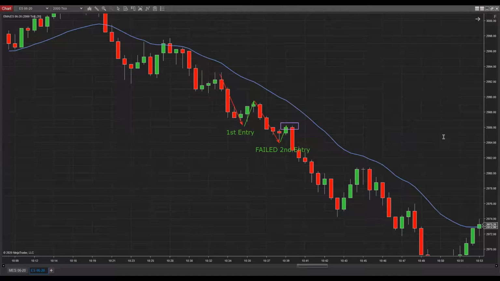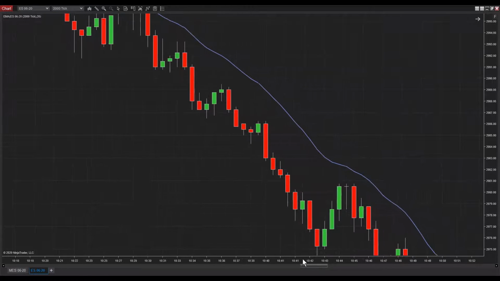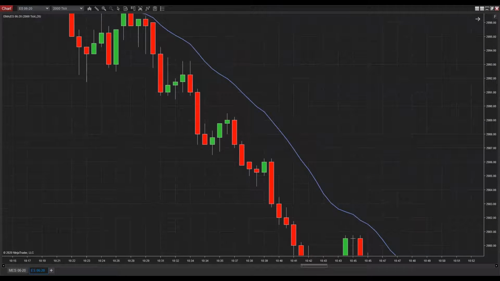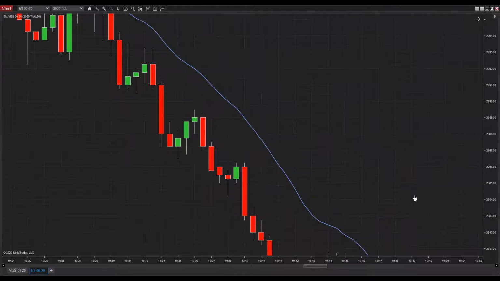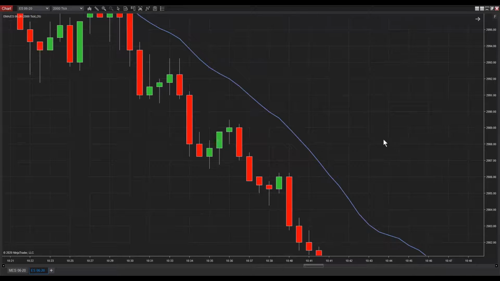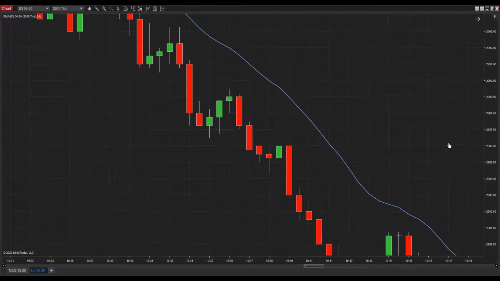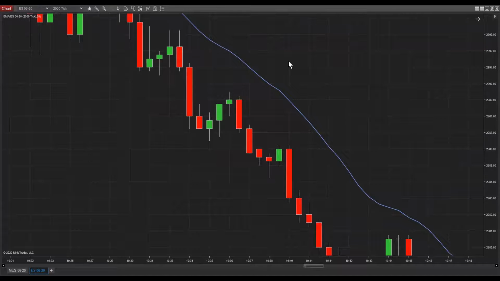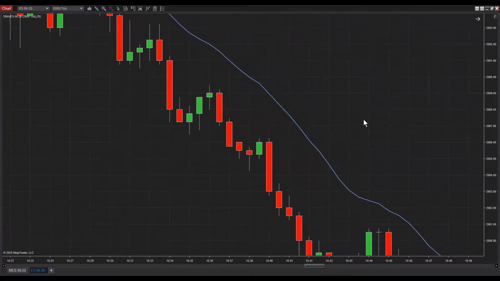Secondly, this is why I like to call this a trap. I will zoom in to help us better see the nuances of what is happening in a failed two-legged pullback and why I consider this a trap. This is a closer look of the same setup.